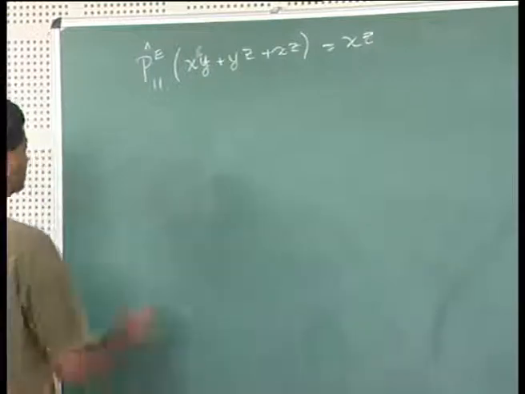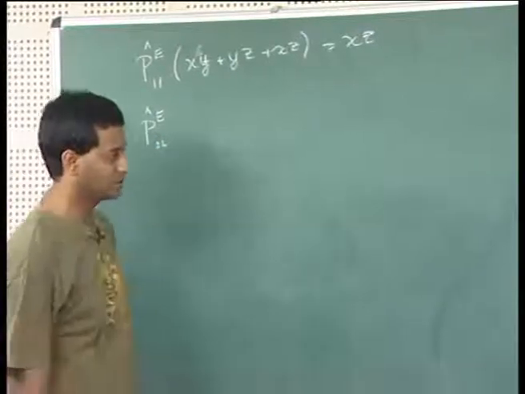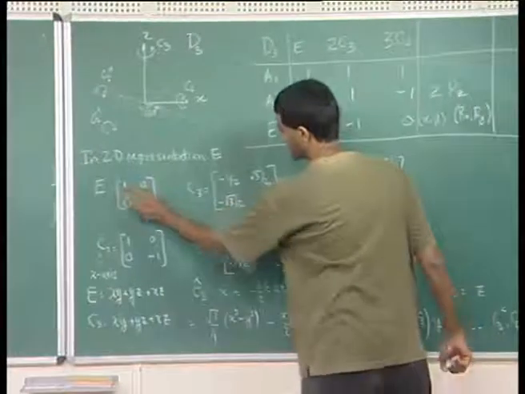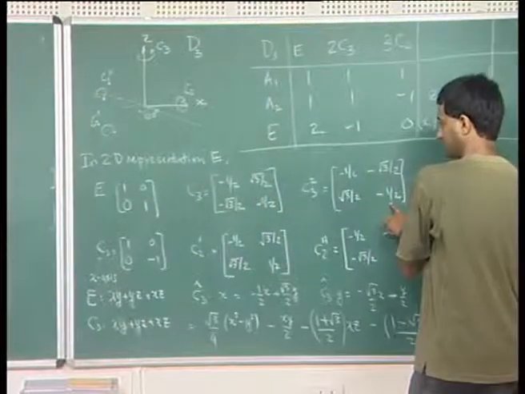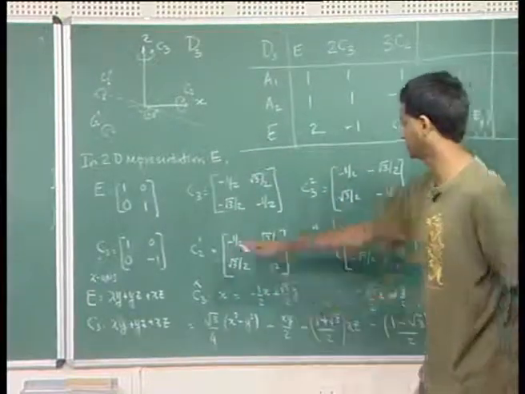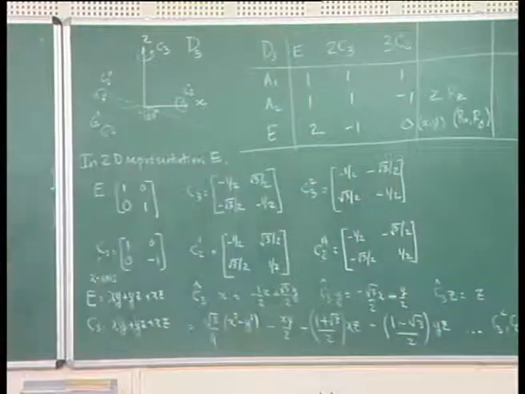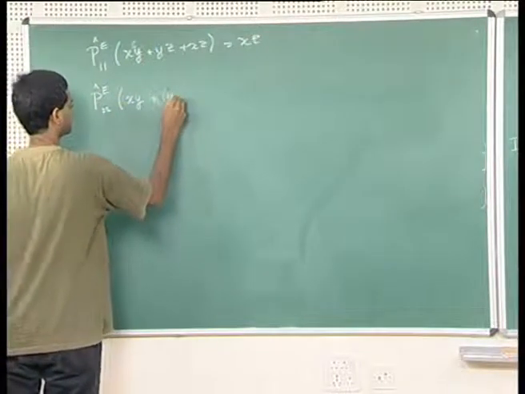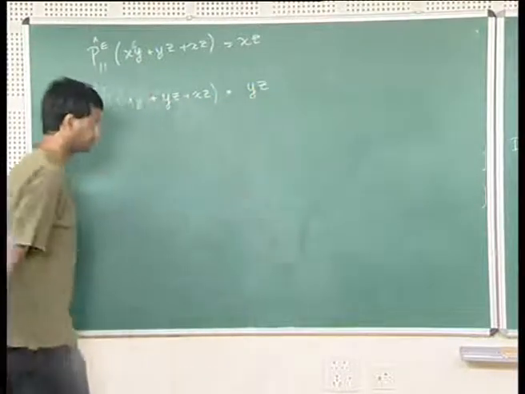Now the same thing can be repeated for PE22. The 2 2 element and everything will look almost the same, only instead of using the 1 1 matrix element, you will use the 2 2 matrix element. So it will be 1, minus half, minus half, then 1, half, half. These 3 will be the same, these 3 will change sign. When you put all that together and calculate this, you will get yz.